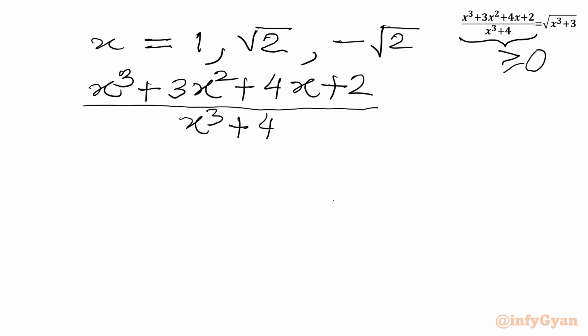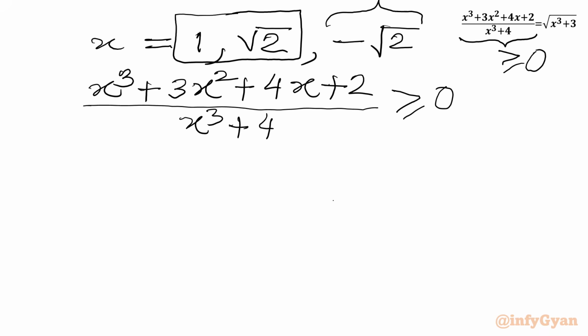For x positive, this quantity will be always greater than or equal to 0. For x equal to 1 and for x equal to square root 2, all the coefficients are positive, we will get positive value. Now only need to check if x is negative.